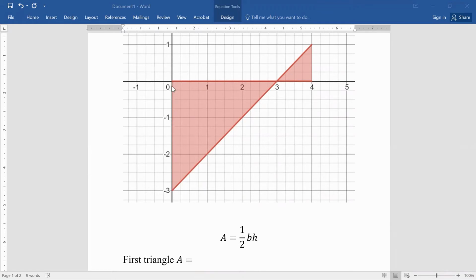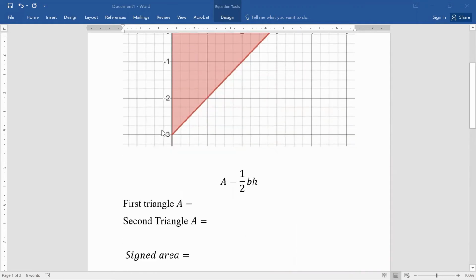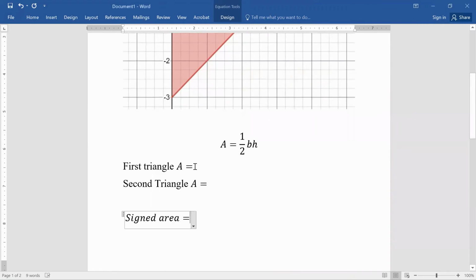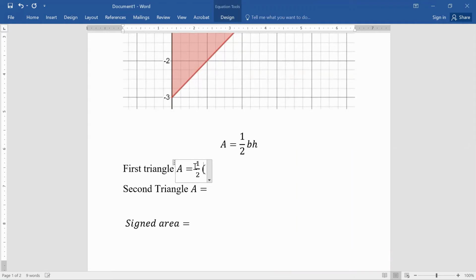Notice this is a right triangle, so the height is -3 and the base is 3. So the height and base are both 3 for the first triangle. That means the area is 1/2 times 3 times another copy of 3. When you calculate that, you get 4.5.